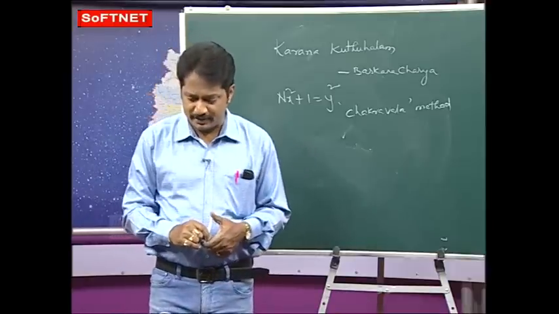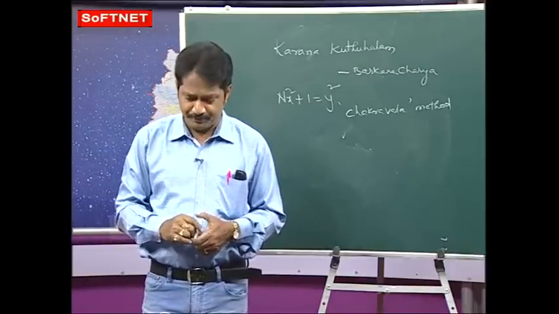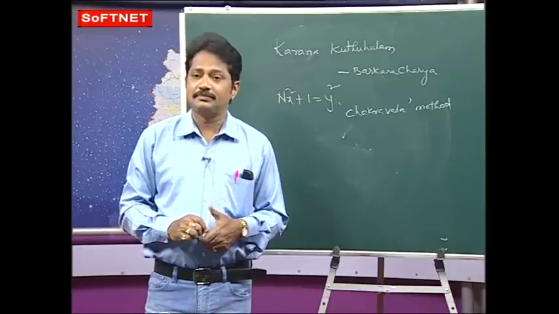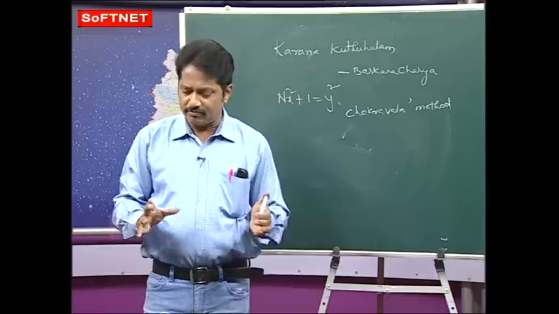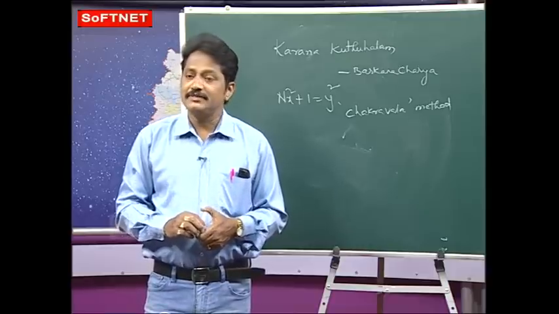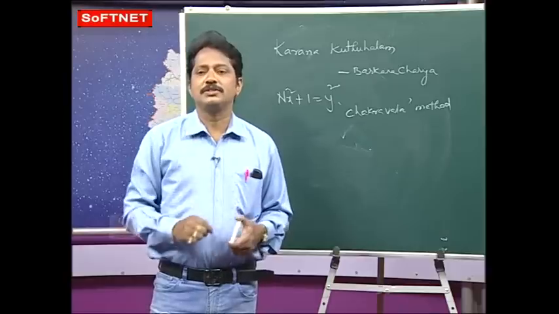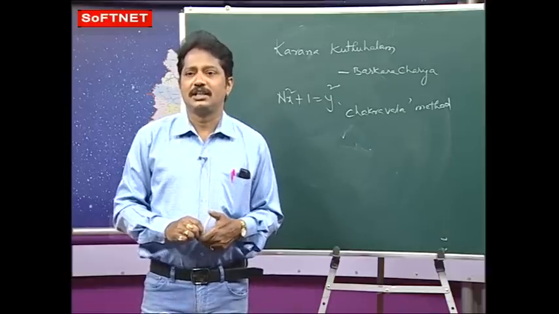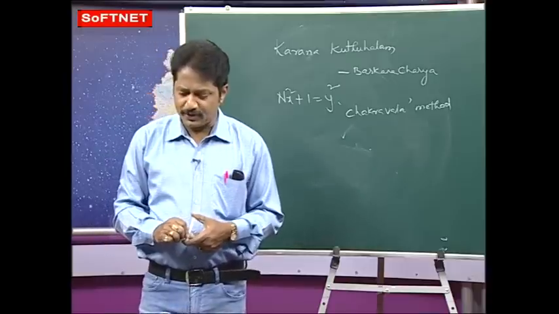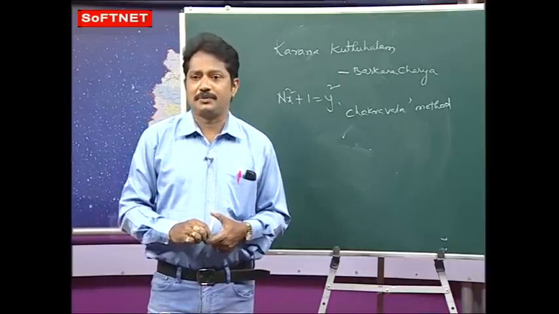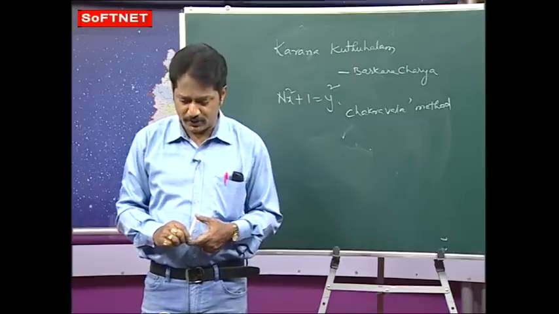The Chakravala method was very familiar to other mathematicians in the world, like Galois, Euler, Lagrange. It started as an inverse cyclic method. The same method is used to solve the equation nx square plus 1 equal to y square, which we call a self equation. This is the most important.